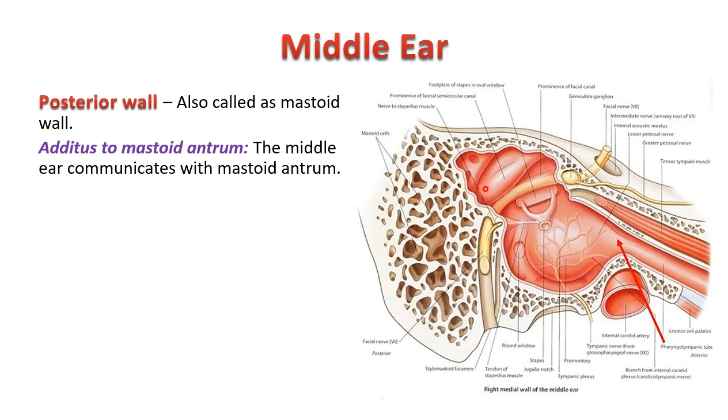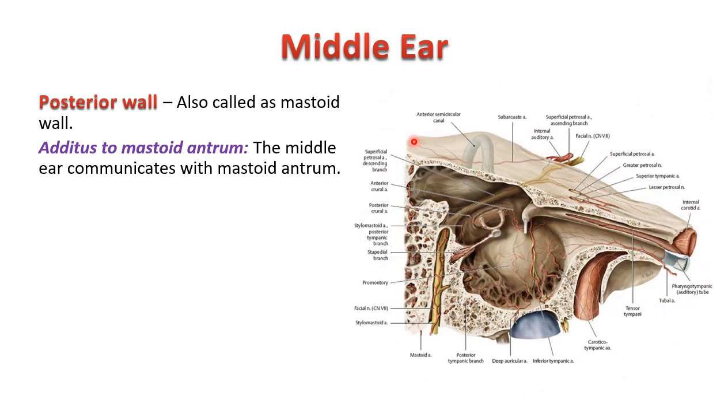The roof of the middle ear cavity continues as the roof of the mastoid antrum also, and that is part of the mastoid air cells.